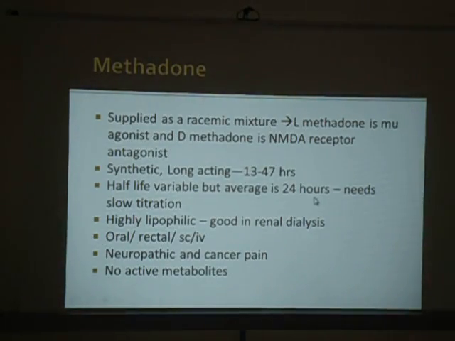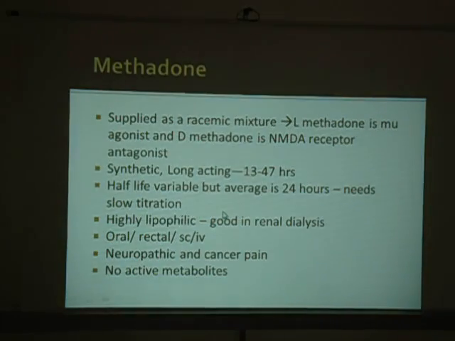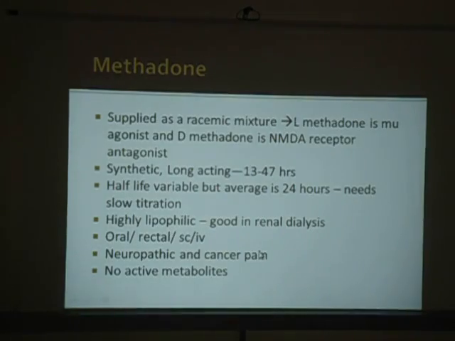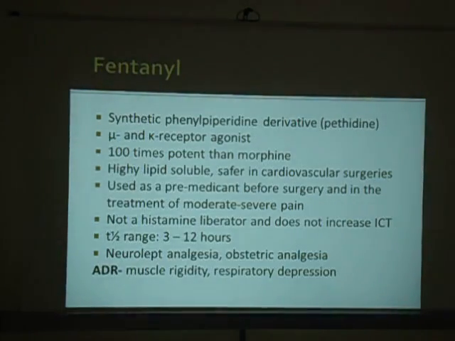Half-life is variable, average is around 24 hours, highly lipophilic and safe in renal dialysis. That means in case of renal compromise also we can use this drug. The route of administration has a wide range here. It is tried in neuropathic and cancer pains and also in opioid de-addiction. Opioid de-addiction is an important point you need to remember.